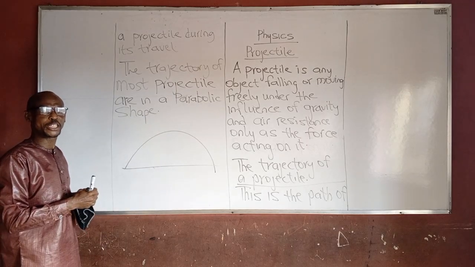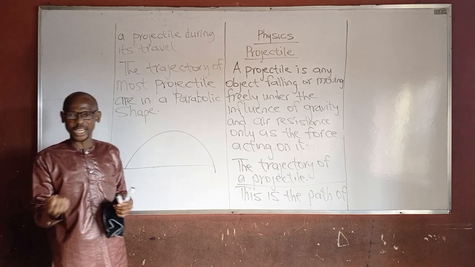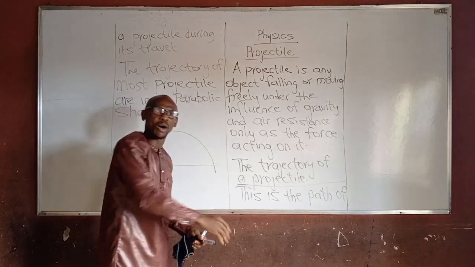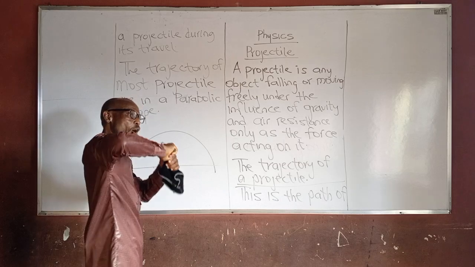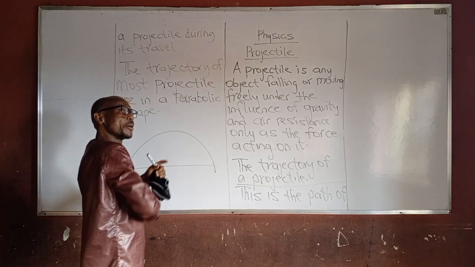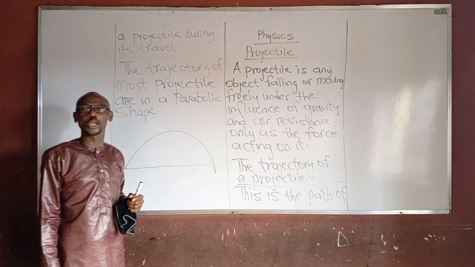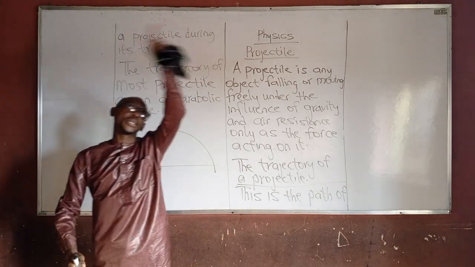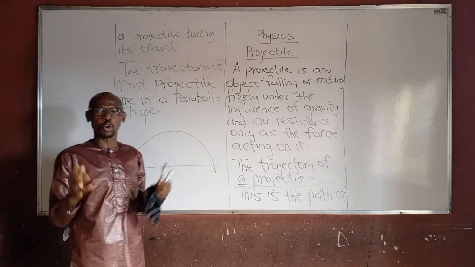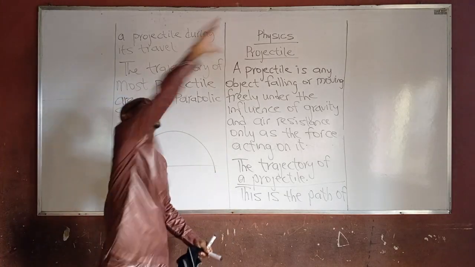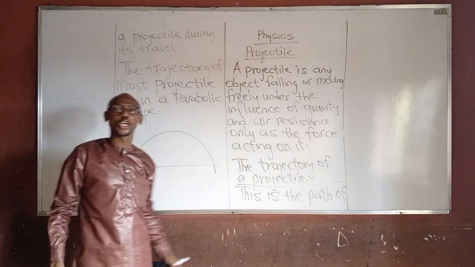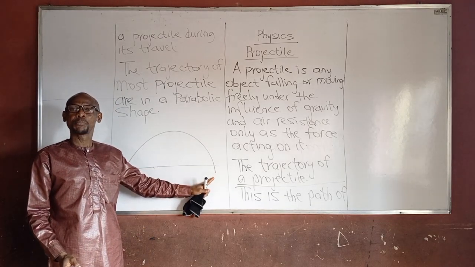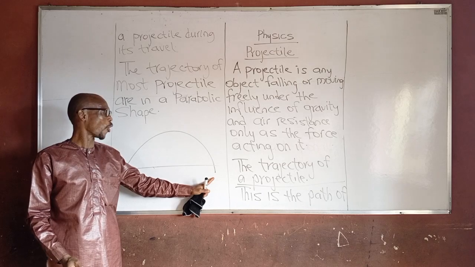Like when we take a stone and throw it, or release a stone from a catapult, it goes down in a parabolic shape. We throw a javelin, it goes in that parabolic shape. Throw a shot put, it goes in that parabolic shape. This is basically the shape of most projectiles in nature.